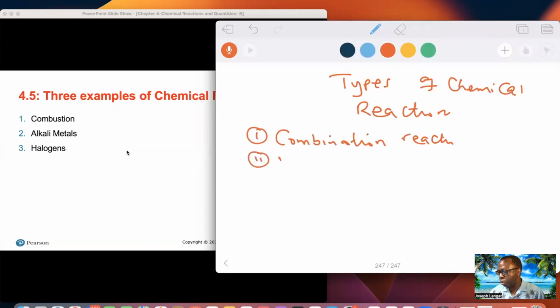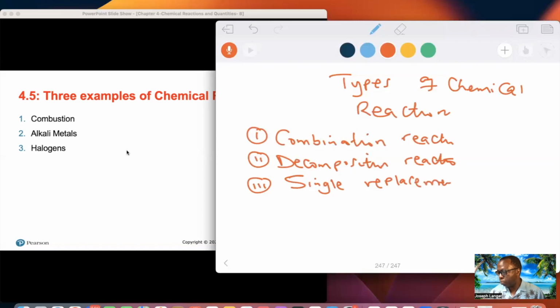There is a decomposition reaction. There is a single replacement reaction. There is a double replacement reaction.